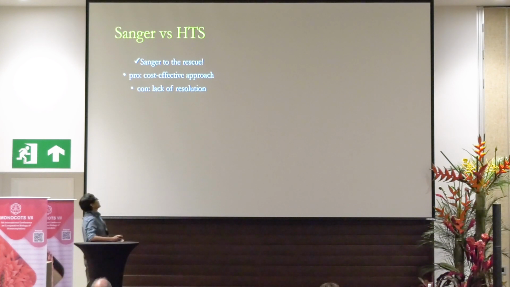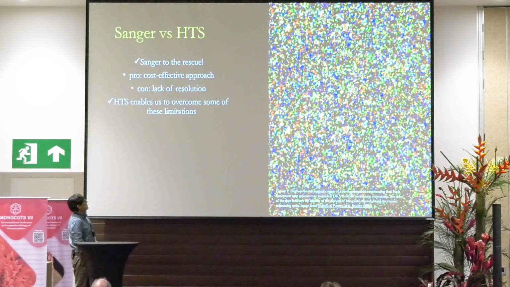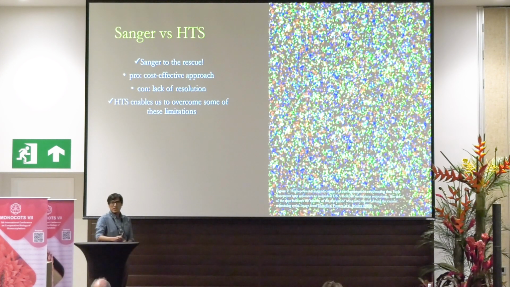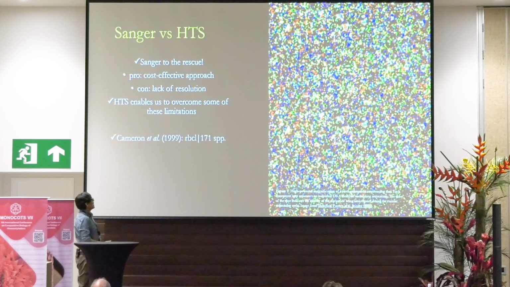One of the benefits is that it is a cost-effective approach, but one of the main cons is that, in some cases, especially at the species level, it lacks a good resolution to recover a good topology. And that's where high-throughput sequencing methods, usually combined with Sanger data, can overcome some of these limitations and give us really robust relationships, even at a species level.